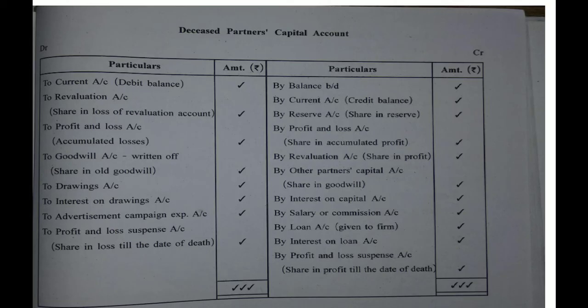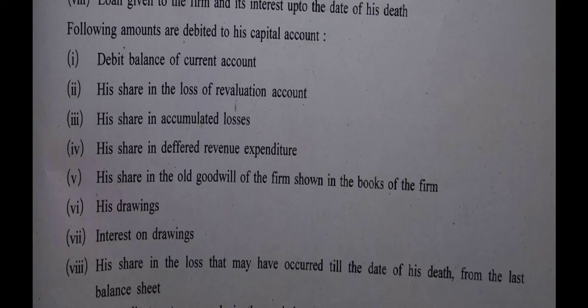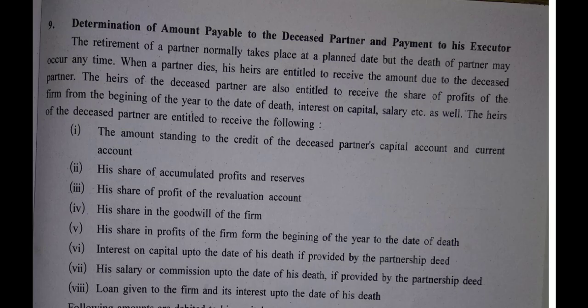Fine then, talking about the credit side. On credit side, we are going to write down all the balances that we have studied here. The 8 points that we have understood.